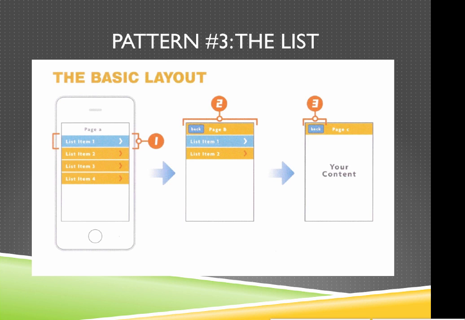So if you look at number 3, that back button is the navigation button. It allows the user to go back to the second screen, and that back button allows them to go back to the first screen. Probably a sequence that you guys are very familiar with.